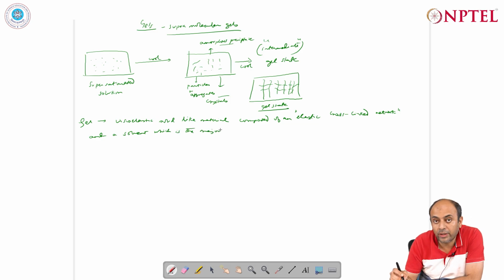Almost greater than 90 to 95% is the solvent component here, and the rest is the gelating material which has an elastic cross-linked structure.